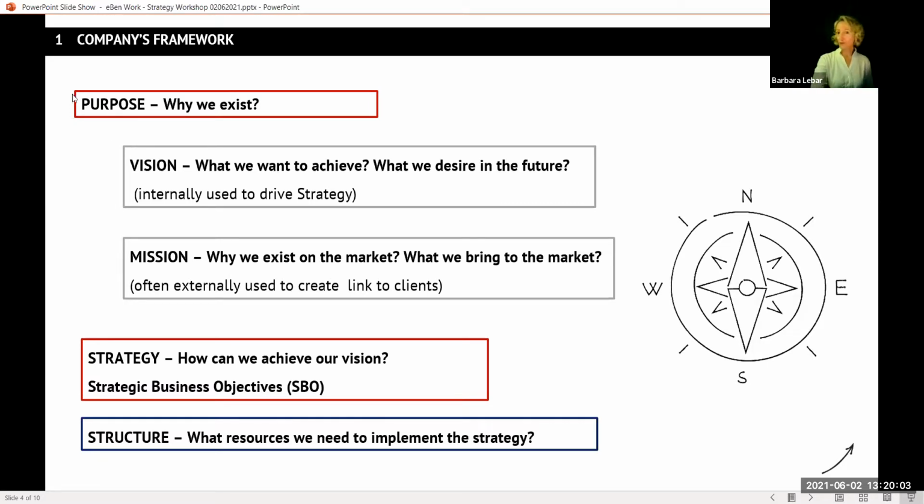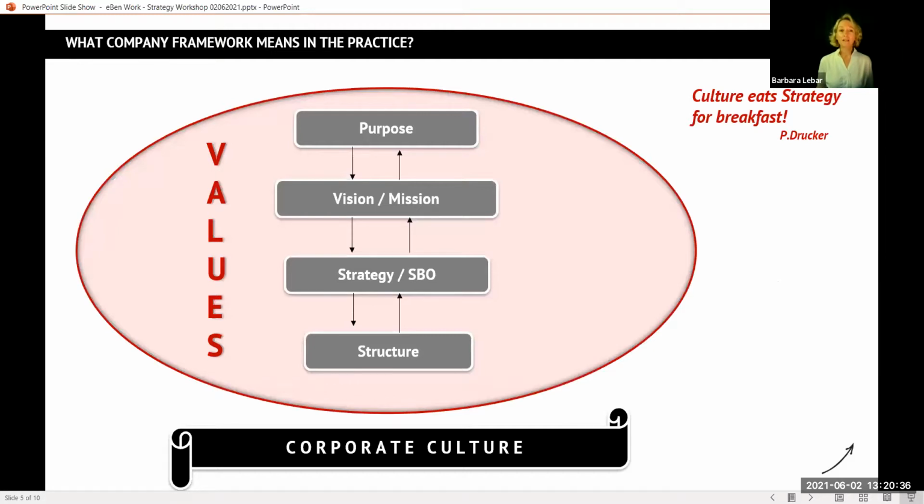So we should start with our purpose, why we are doing something, so why we exist, then how can we achieve our vision, so what we want to achieve in the future, what we desire, how to achieve that, and with what resources, because then we really see what knowledge we need, what expertise we need, and how many people or what technology we need to deploy. Now, that's a bit rough process only. Let's see what that means in practice for the specific company.